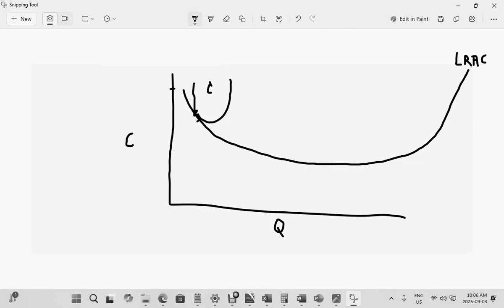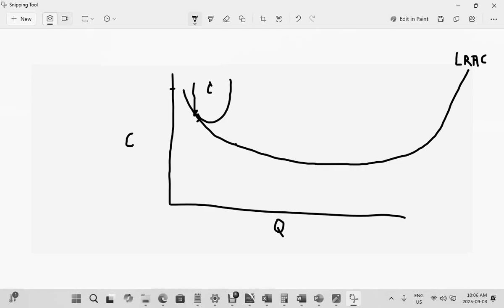Again, this is cost per unit. Your cost is being reduced at this point because you start off with a high figure for your cost per unit, but the cost per unit keeps going down as you produce more.